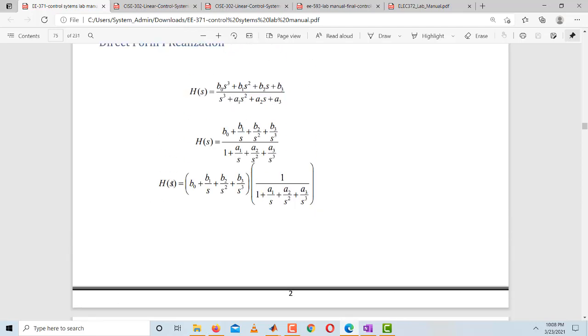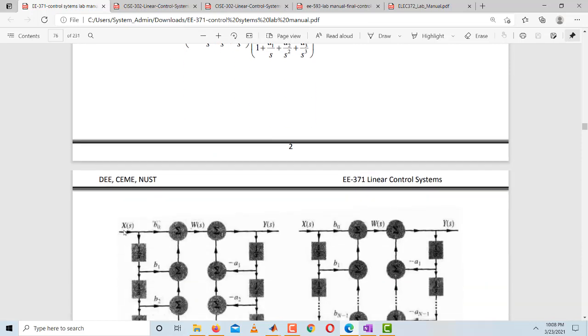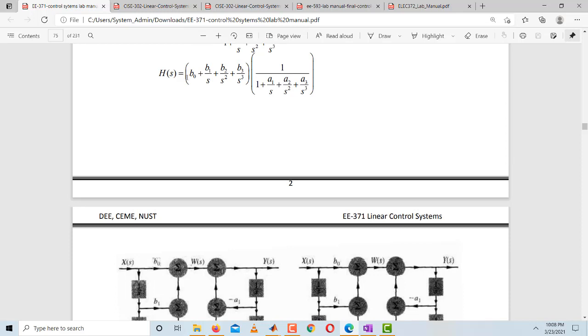That is, x of s over y of s. So we can make one branch, x of s at the extreme left and y of s, that is the output, at the extreme right, and implement this formation. Input is multiplied with b naught, and input is multiplied with b1 and then 1 by s.